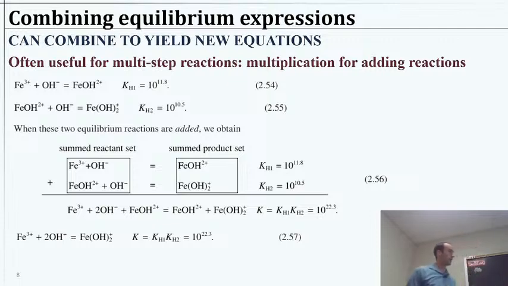And we can take a look that if we look at it algebraically, we can add the reactions together in terms of adding the reactants with the reactants and the products with the products. So we end up with everything on the left. So we have Fe3+ and 2 OH-. We added 2 of them here. So that gives us the 2 there, plus the FeOH2+.